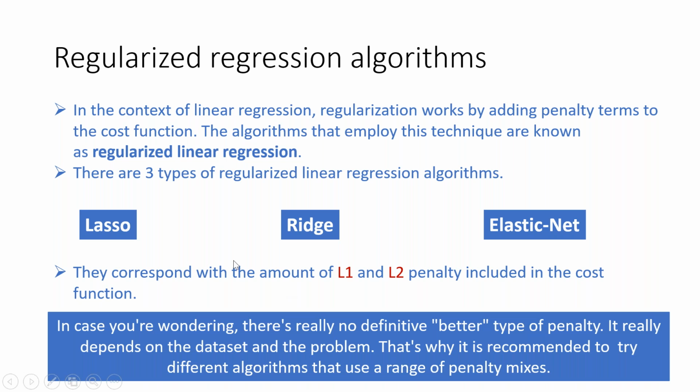In case you are wondering, there is really no definitive better type of penalty. It really depends on the data set and the problem. That's why it is recommended to try different algorithms that use a range of penalty mixes. Should I use lasso or ridge?